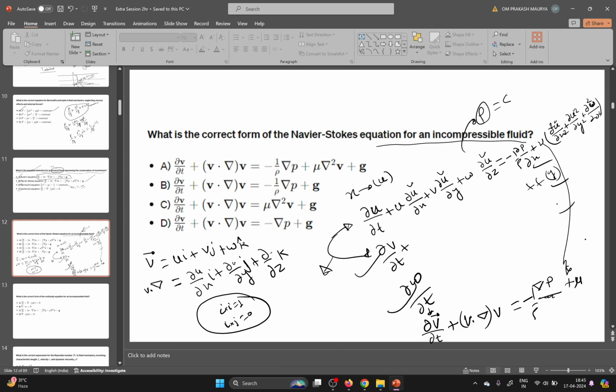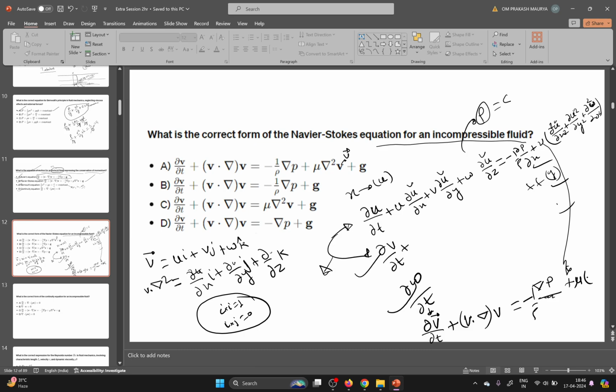And here is your del. When you square these, the square will come everywhere, and v is the v vector. So i, j, k will be involved in all these things.